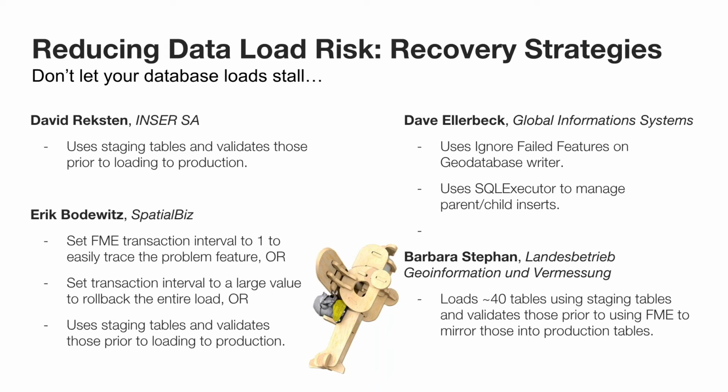So one is to set the FME transaction to a very small value, 1. And then when a failure happens, it's very easy to trace that problem. If you have a transaction interval, typically it's 500 or 1,000 features inserted in a transaction, and something fails in that transaction, the whole transaction is rolled back. So it's kind of hard to isolate the bad feature that caused that failure.